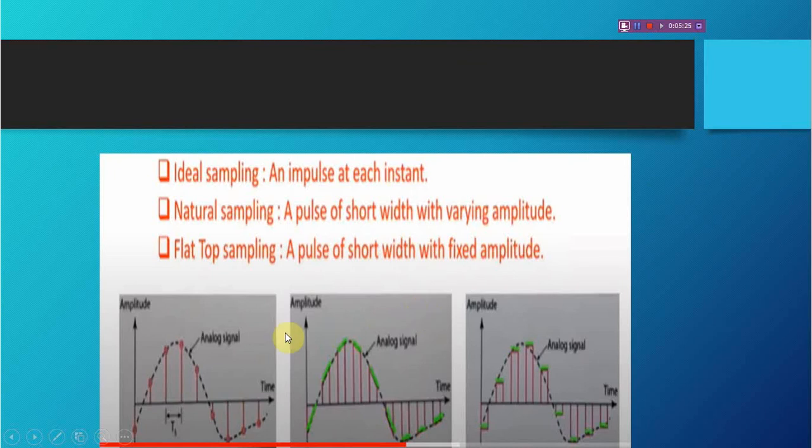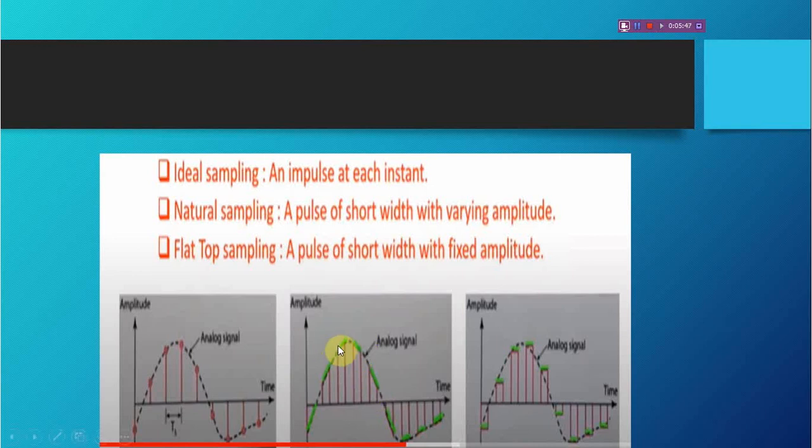So this is the figure of the different sampling methods. The first one is ideal sampling, an impulse at each instant, meaning we measure the amplitude at each instant. In natural sampling, there is a pulse of short width with varying amplitude.